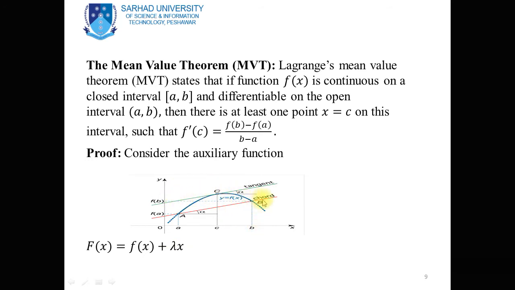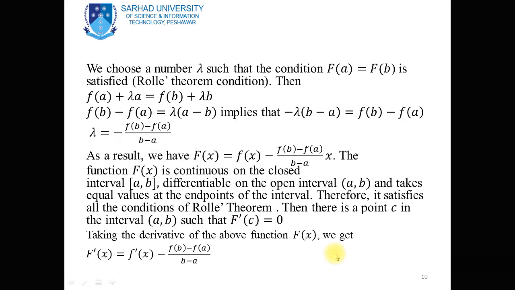Now this is the chord and this is the tangent line at the point x = c. Now we choose a number λ such that the condition F(a) = F(b) is satisfied for Rolle's theorem. Then f(a) + λa = f(b) + λb.